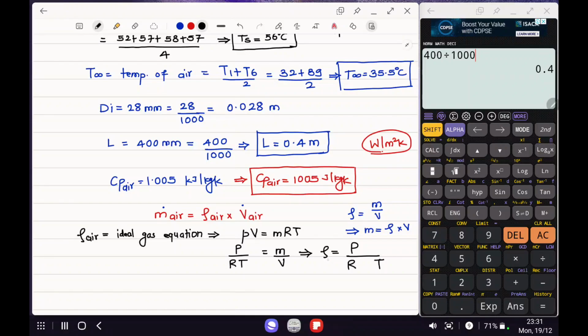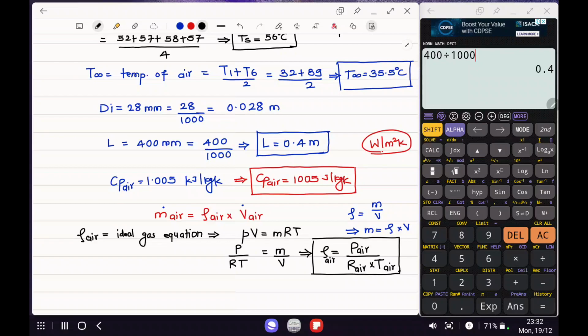Which means if we want density of air, it will be equal to pressure of air divided by R value for air, where R is the specific gas constant and T is the temperature of air, the product of R and T. This will be our formula for density of air.